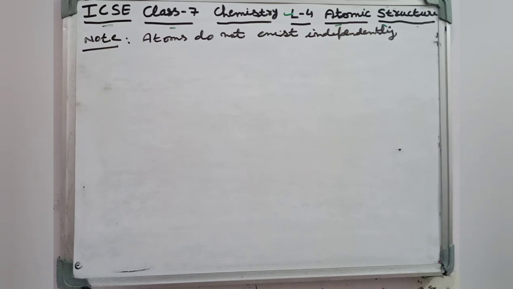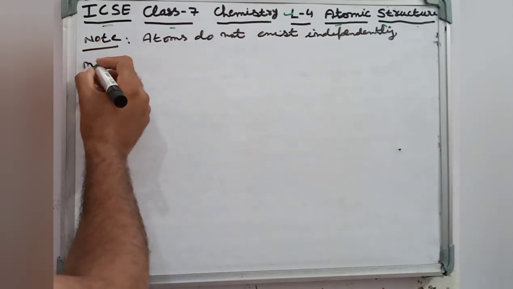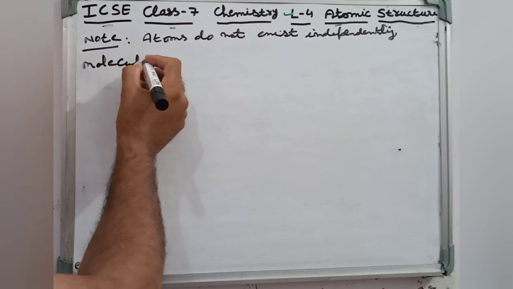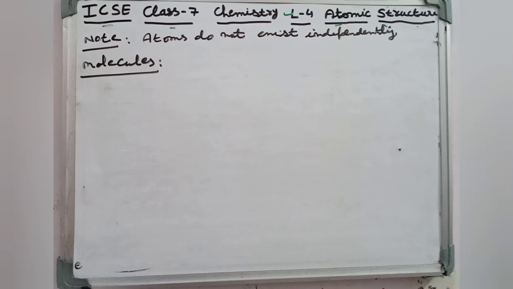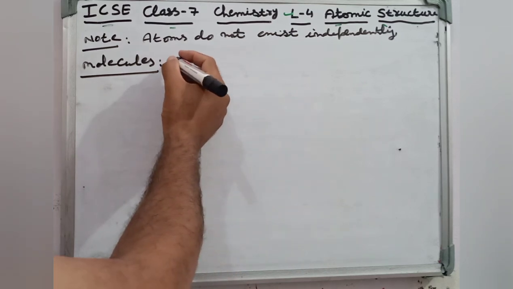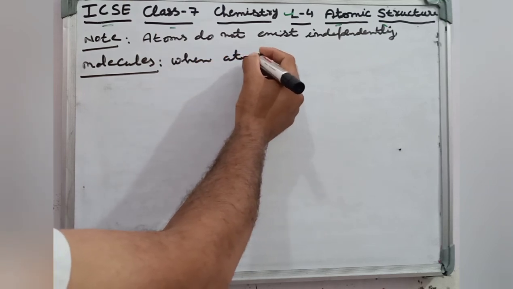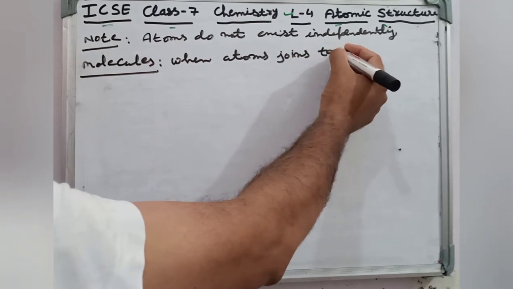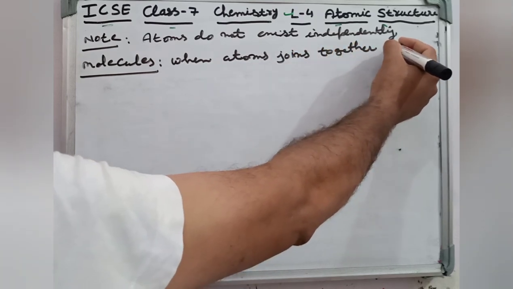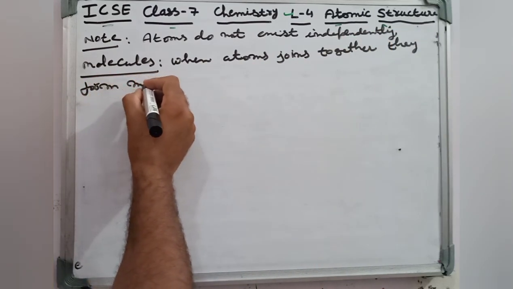Now, what are these linked atoms known as? Joined atoms are known as molecules. Right? When atoms join together, they form molecules.